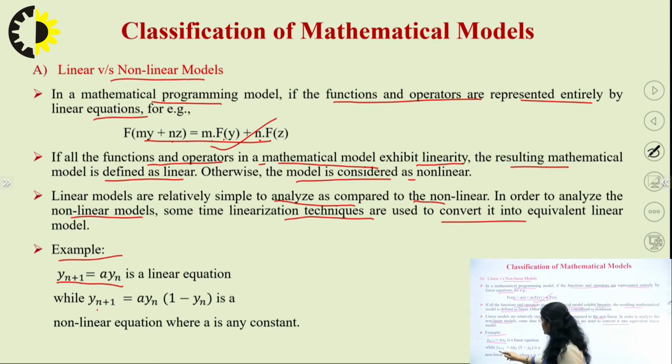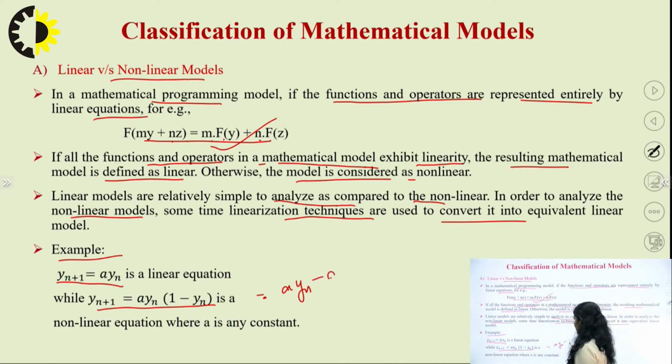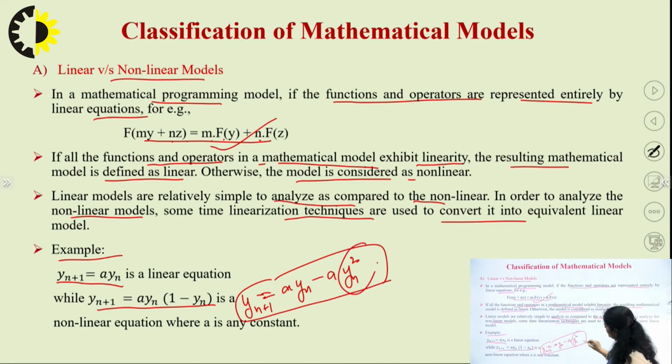But if we consider a·y(n) expanded, it becomes a·y(n)², and the equation becomes y(n+1) = a·y(n)². Here a non-linear term is involved, so it is an example of a non-linear equation.